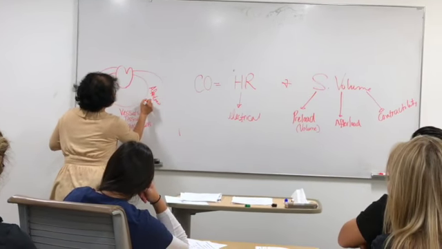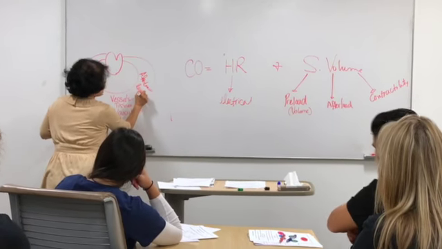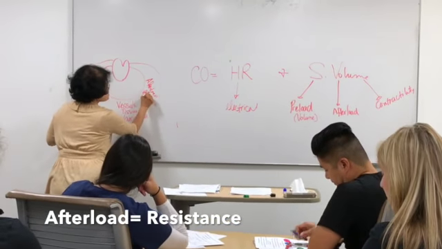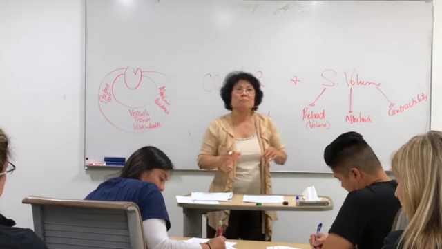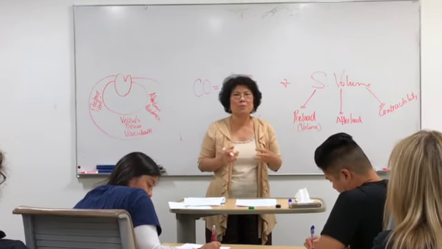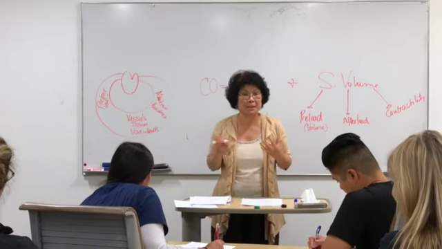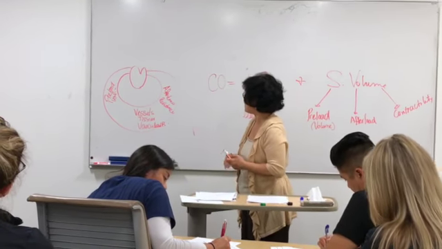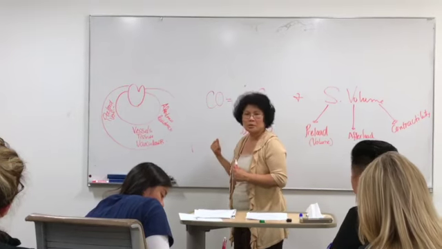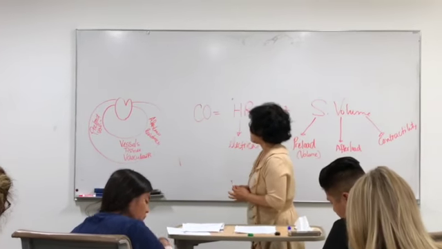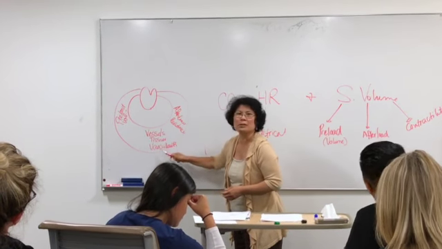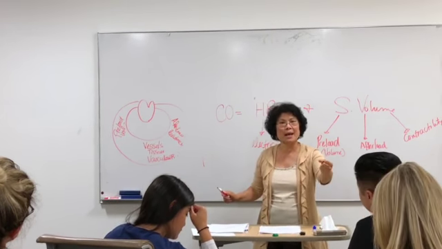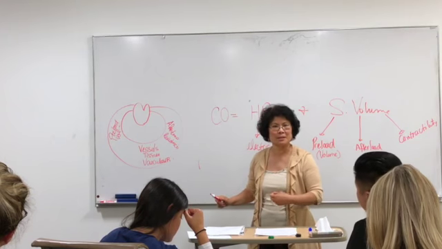Afterload is the resistance. As I said with blood pressure, you have to have a resistance in order to keep a good amount of cardiac output. And again, resistance will depend upon how the tissues are. Are they clamped? Are they vasodilated?